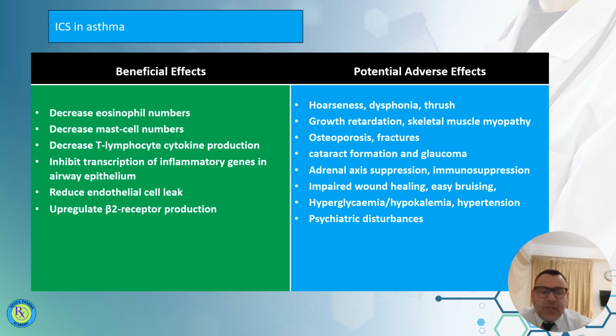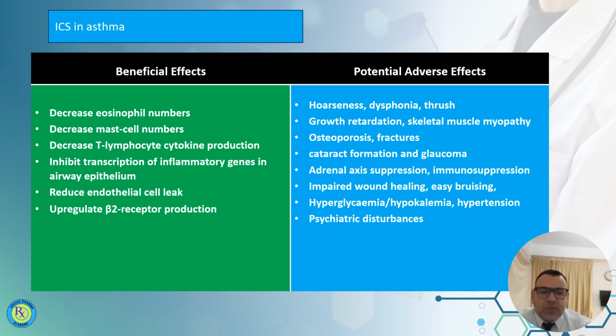They have a lot of side effects, and we should be aware of these side effects to inform the patient which are normal from the steroid, and if it's severe, he needs to consult the doctor to modify the treatment. This includes hoarseness, dysphonia, which is difficulty talking, and oral thrush, because they decrease the immunity in the mouth, allowing the overgrowth of candida, so it will cause thrush.